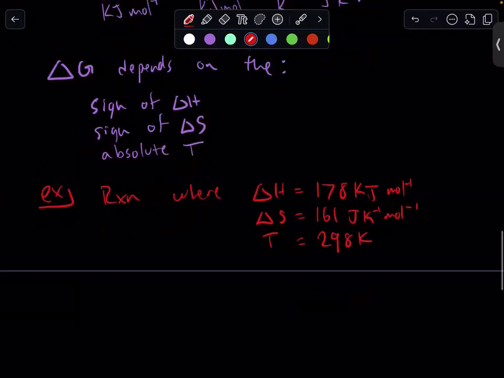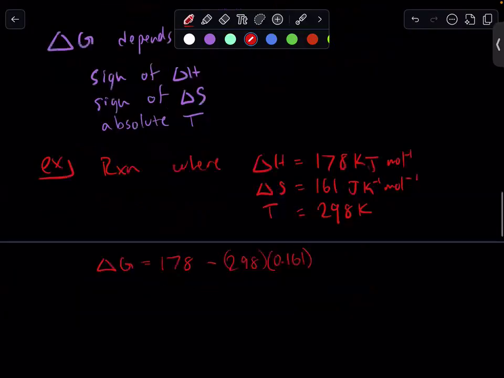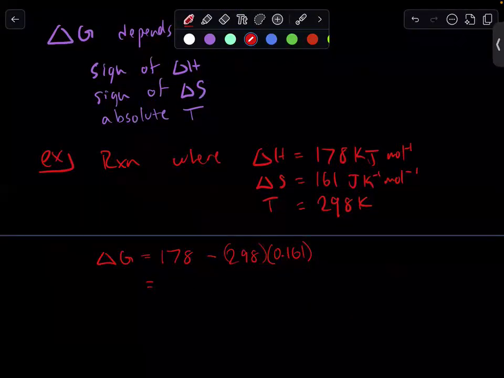This is how you use delta G. Delta G is just going to be equal to 178 minus 298 times 0.161, remembering we have to divide by 1,000 to turn it into kilojoules. And you'll find that the delta G is 130 kilojoules per mole.